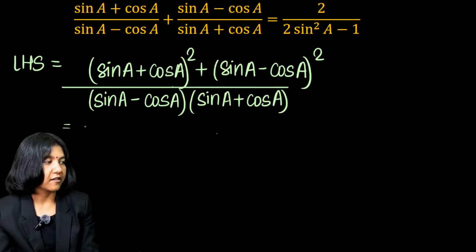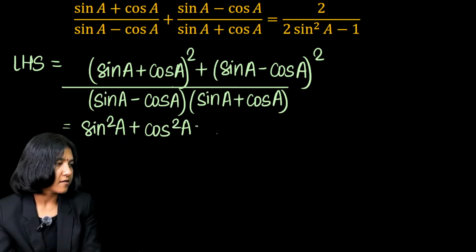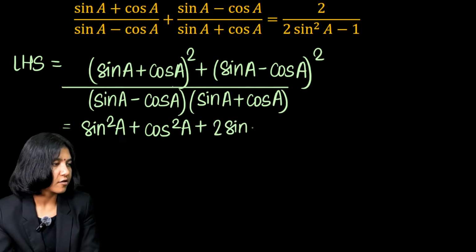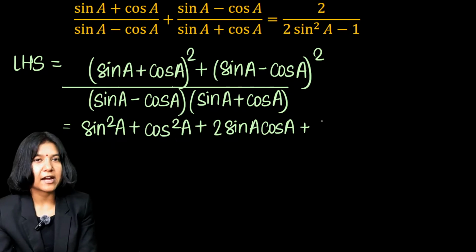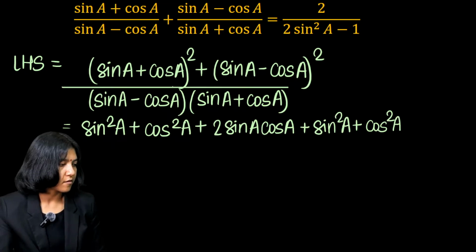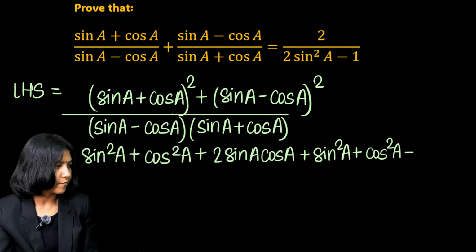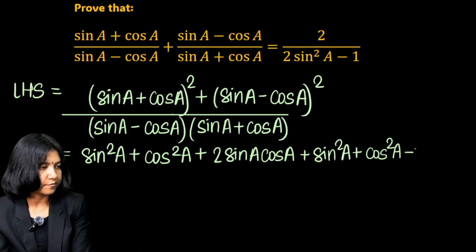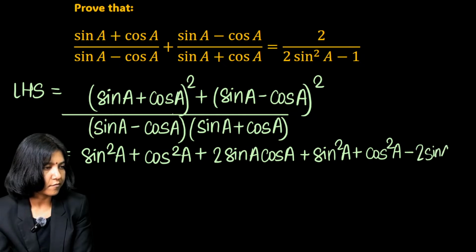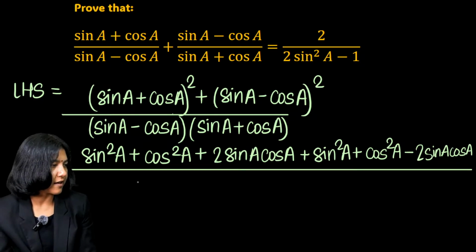A plus B the whole square gives me A squared plus B squared plus 2AB, so sine squared A plus cos squared A plus 2 sine A cos A. Likewise, my other bracket will expand to give me sine squared A plus cos squared A minus 2 sine A cos A. Whole thing divided by my new denominator.